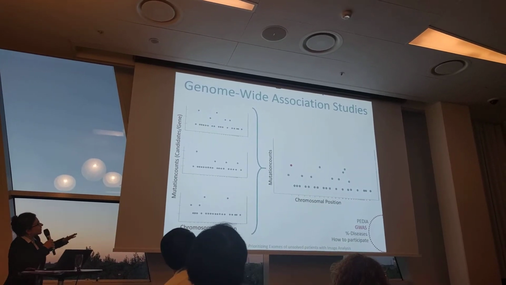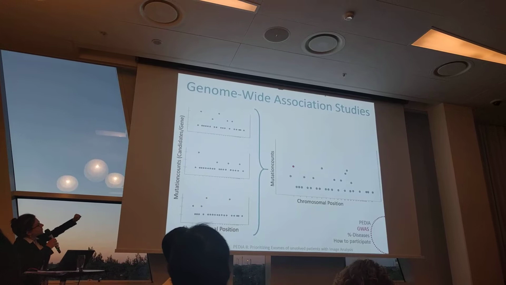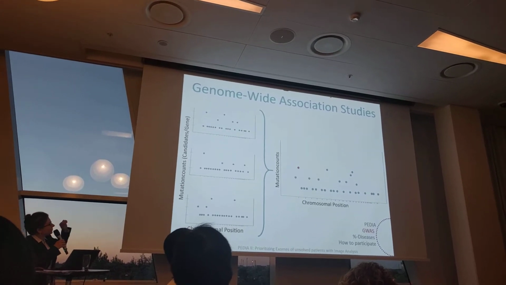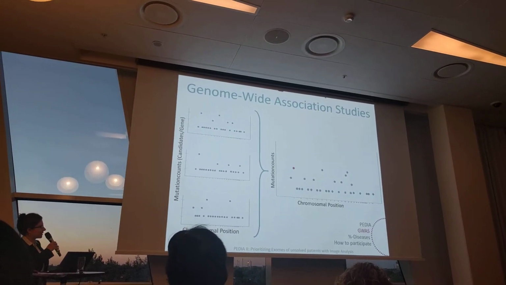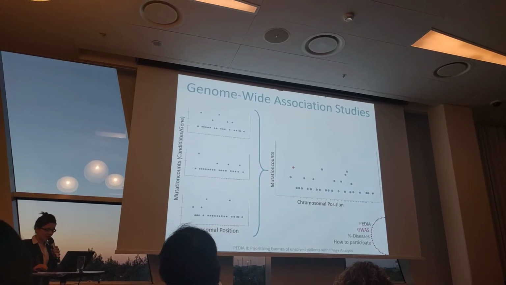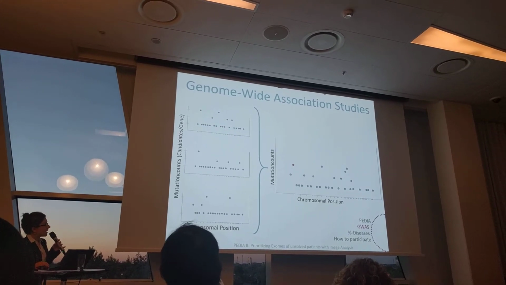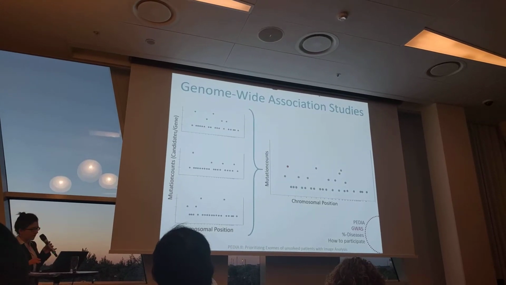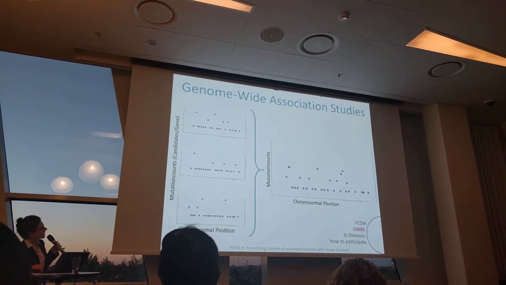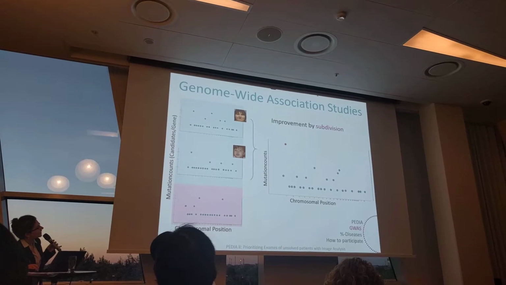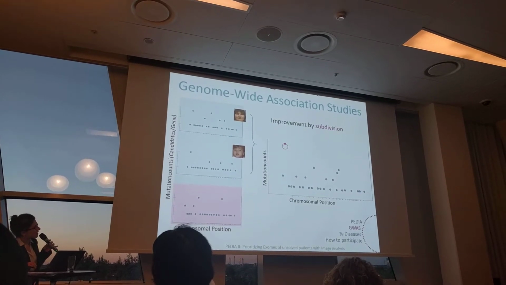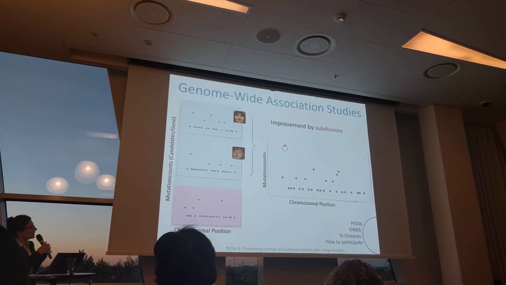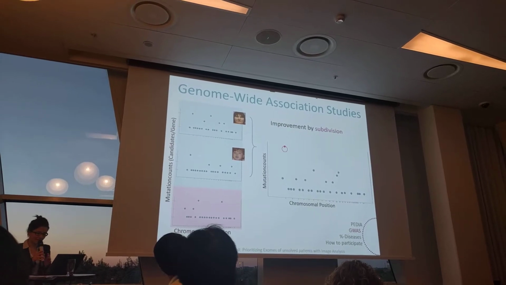But if we look on the left side, there are two patients with the same mutation in chromosome 1, and the third one doesn't have it. So we want to use image analysis to subdivide this cohort on the left side and exclude the one without this mutation to find the right pathogenic mutation.